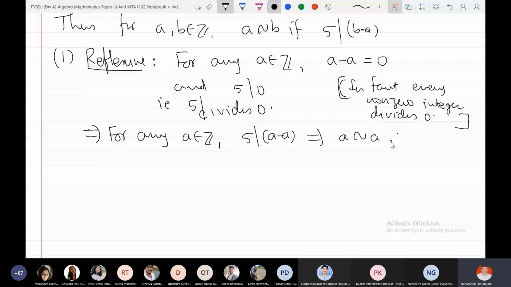That means every element is related to itself. This is true for every element: you choose any element of Z, this is going to happen.